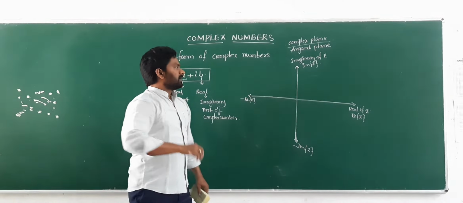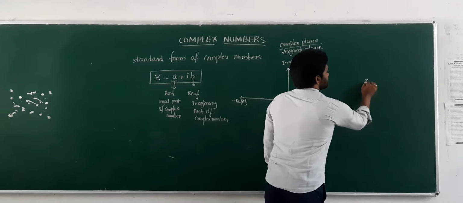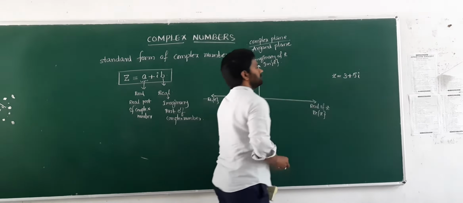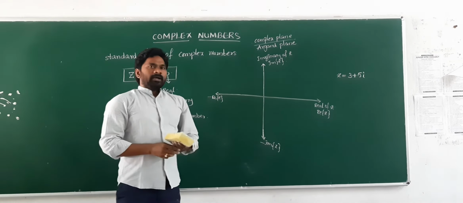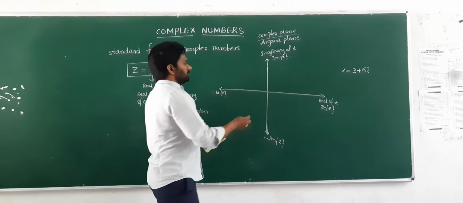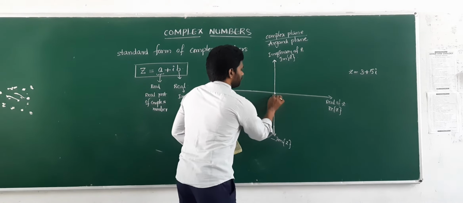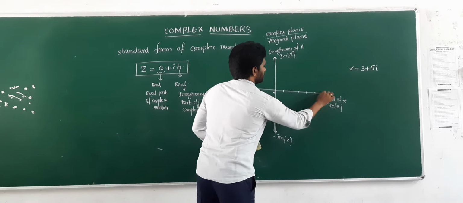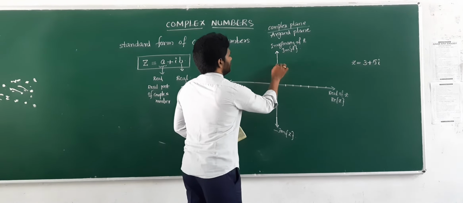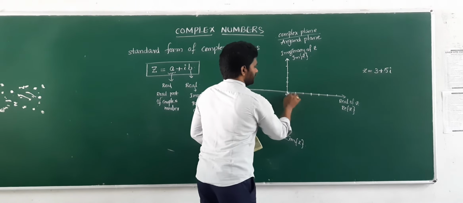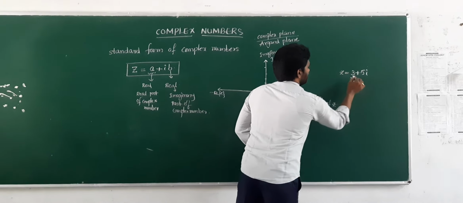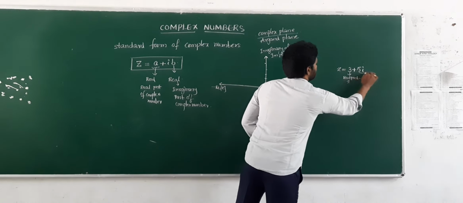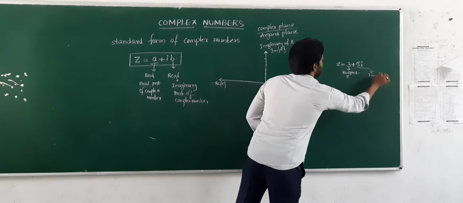For example, I am considering a complex number z equals 3 plus 5i, or 3 plus iota times 5. How do we represent it in the plane? Simply consider the values 1, 2, 3, 4, 5, 6 on the real axis and 1, 2, 3, 4, 5 on the imaginary axis. Here 3 is the real part of the complex number, and 5 is the imaginary part.